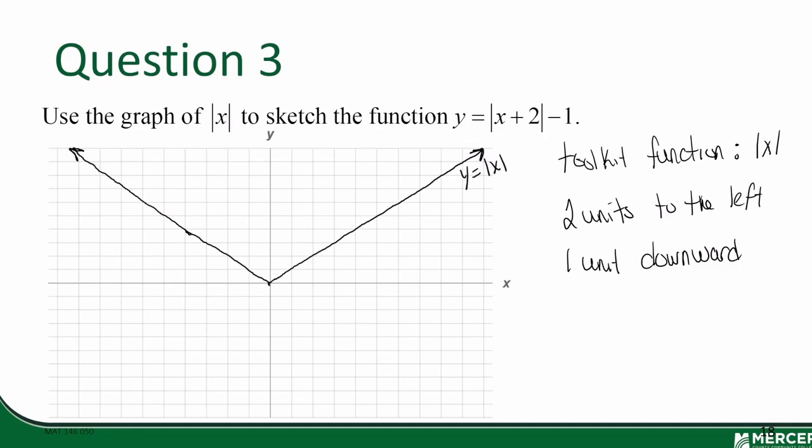Same thing. It doesn't matter which happens first. All right, so typically we just read it from left to right. So take the vertex, shift it to the left 2 units, and then down 1 unit.